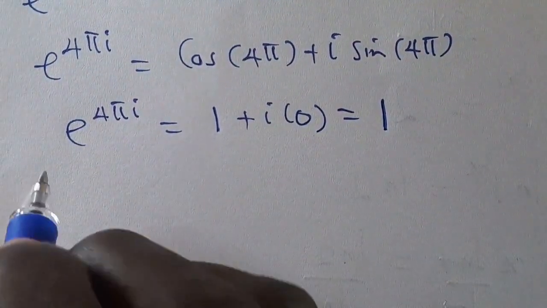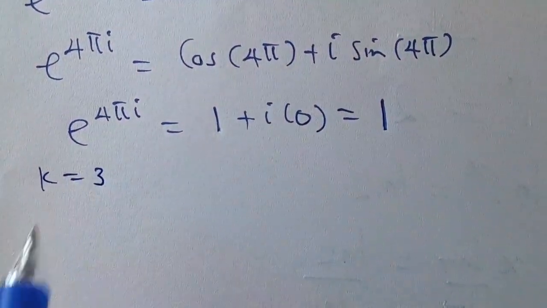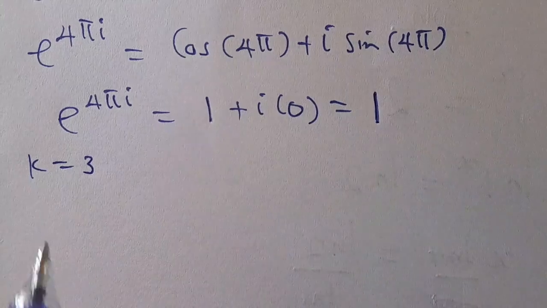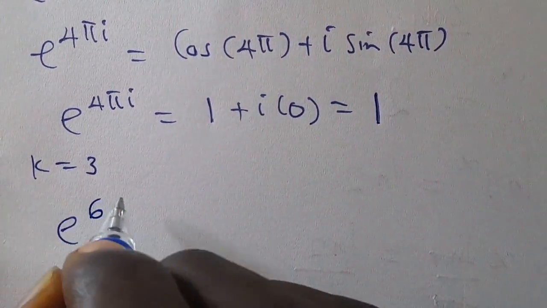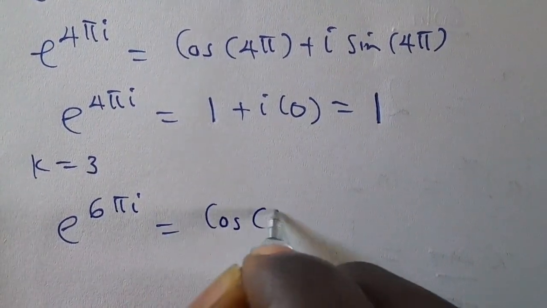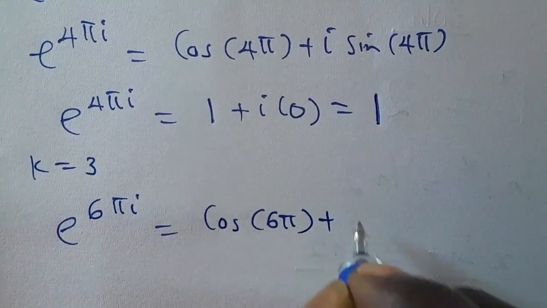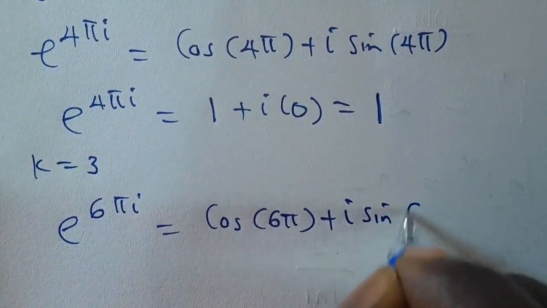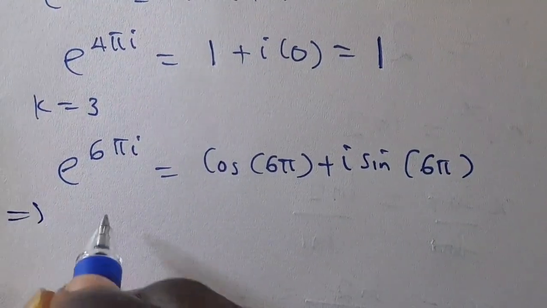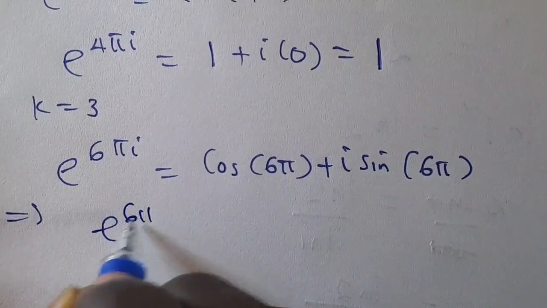So when k equals 3, we have e to the power of 6 pi i equals cos 6 pi plus i sine 6 pi.